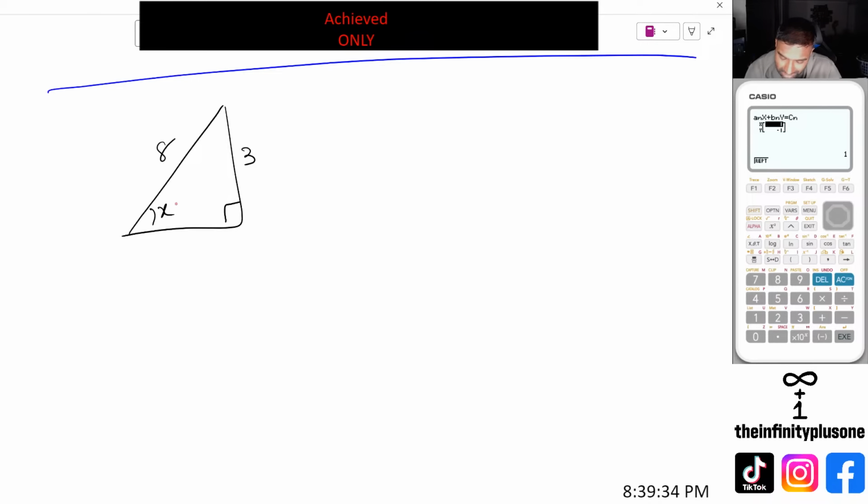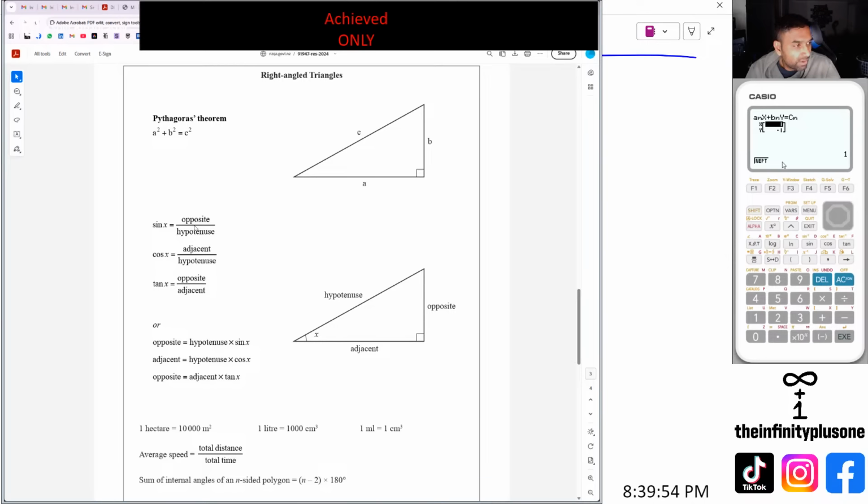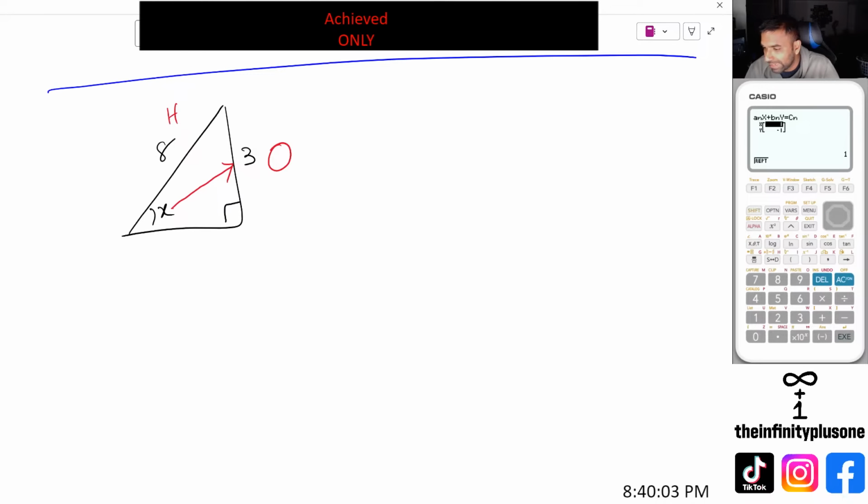What I like to do is, whatever angle I'm working with, I draw an arrow to the opposite side, so I know that this is the opposite. This side, the 8, is always going to be the hypotenuse. With H and O, I go back and look at my formula sheet. I'm looking for hypotenuse and opposite, so that's going to be the sine rule.